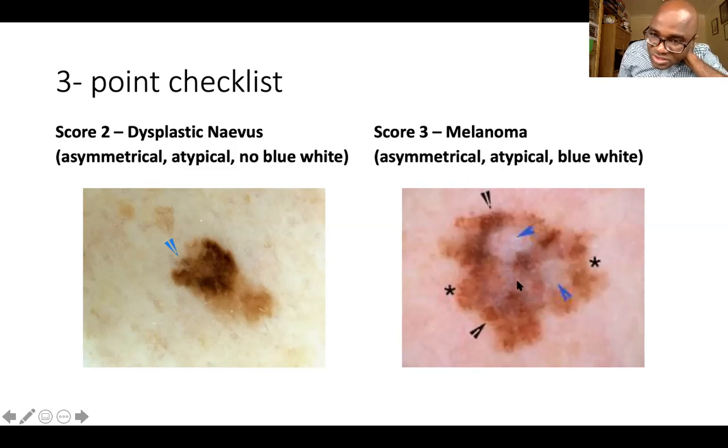You've got other features suspicious of melanoma that you can see in terms of the networks, and probably some pseudopods and things like that, which will get you worried, but we'll come to that. But in the 3-point checklist, it's got asymmetry, it's got atypical network, it's got blue-white features. Nasty. 2-week wait.